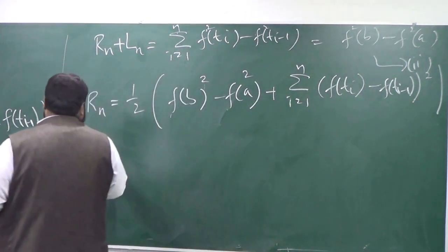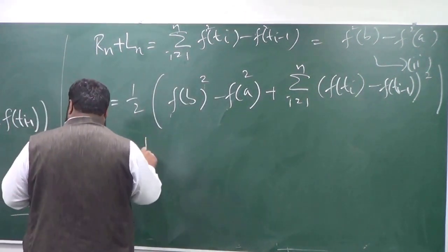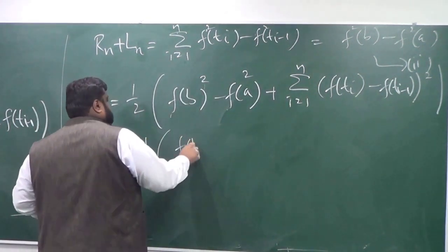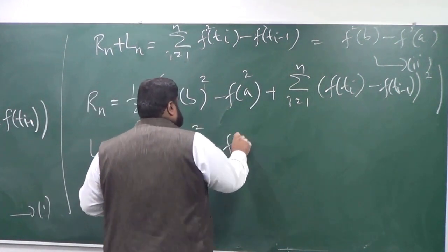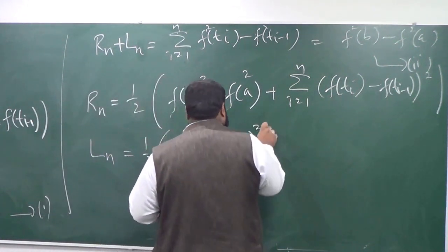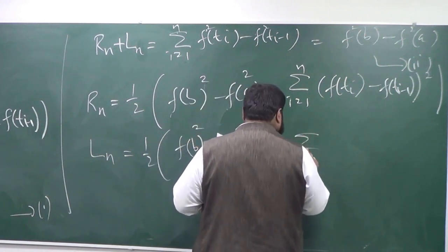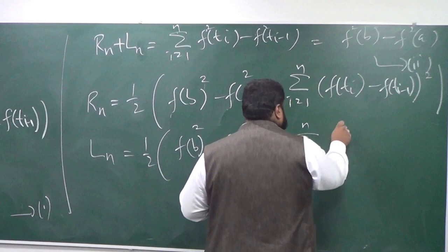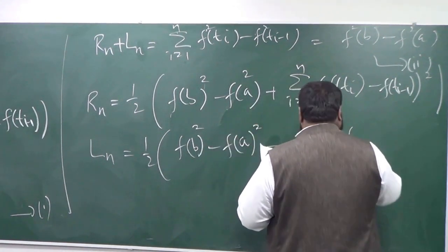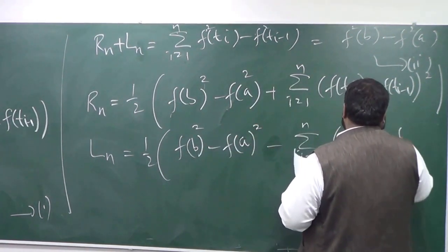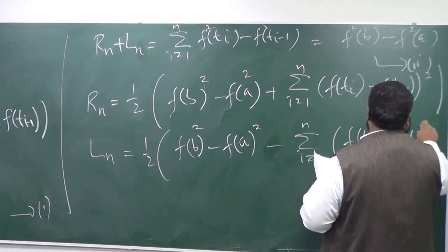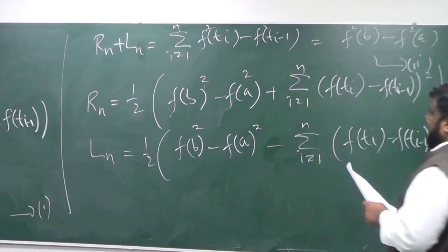How about Ln? Ln is 1/2 of [f(b)² − f(a)² − the sum over i equal to 1 to n of (f(ti) − f(ti−1))²].